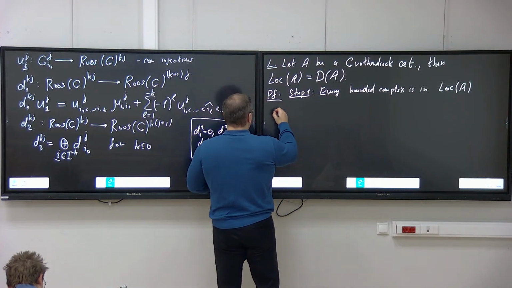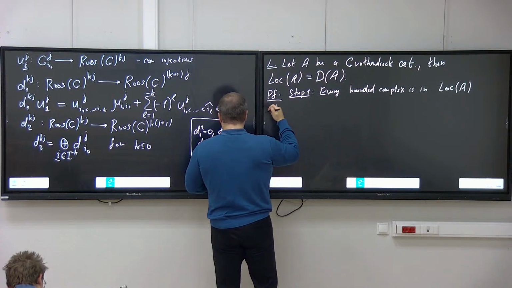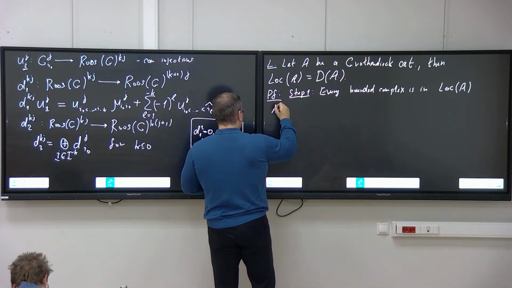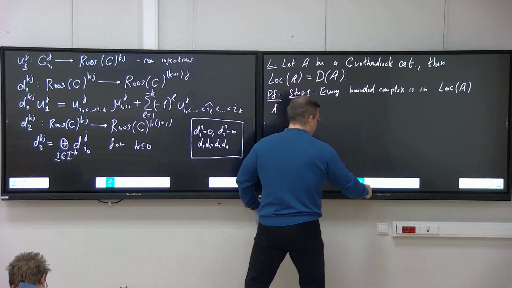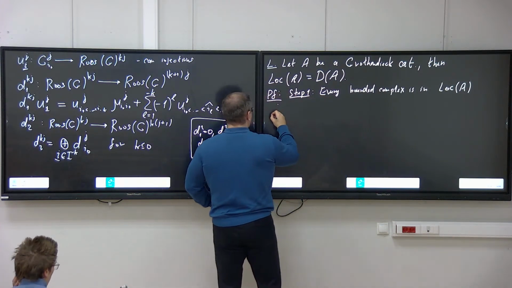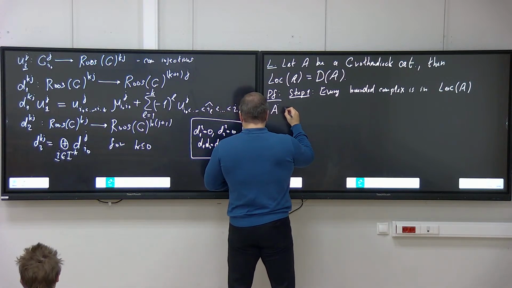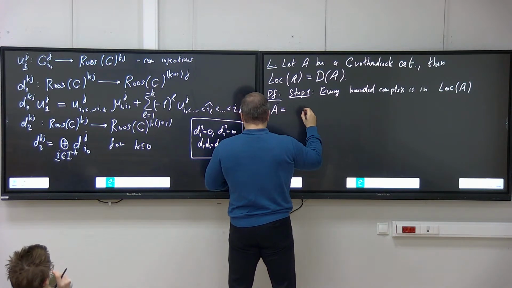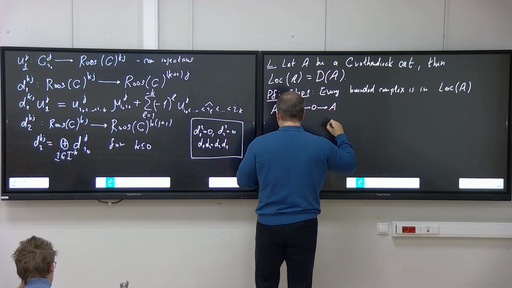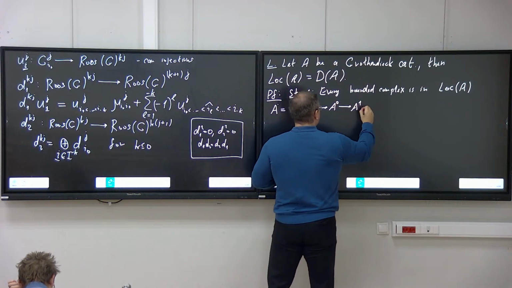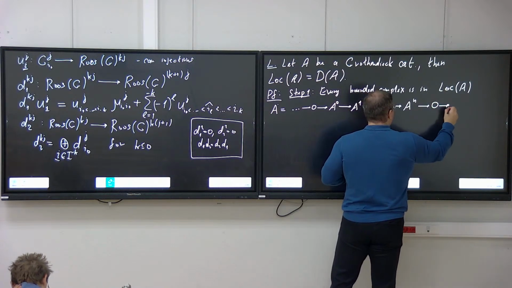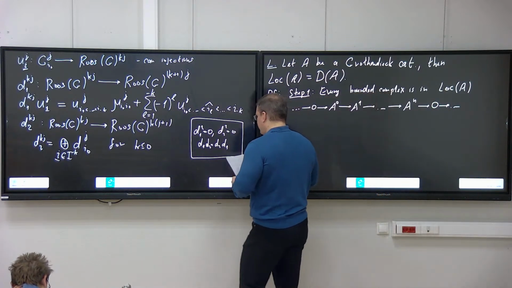Because if I have a complex, let me call this A, in a different font than the category A, and to indicate this is a complex, I also write a dot. And this is a bounded complex. Let me write this as follows: I have zeros everywhere, then some finite part A0, A1, up to AN, and then after that zeros. So that's a bounded complex.